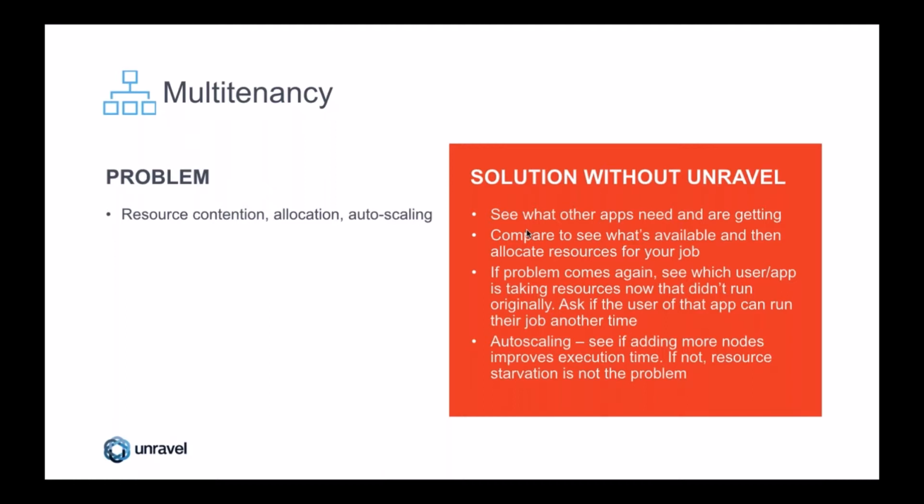the total CPU is. But then you may not be able to allocate and understand how these 100 applications running right now are using that particular resource like memory or CPU, and how much is your application getting out of that. And then you want to compare to see what's available and then allocate resources to your particular application.